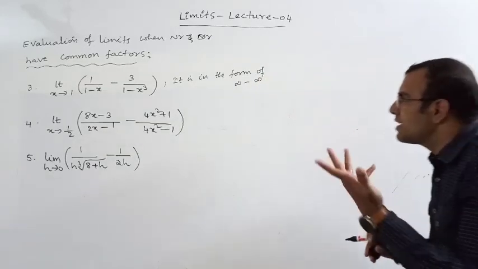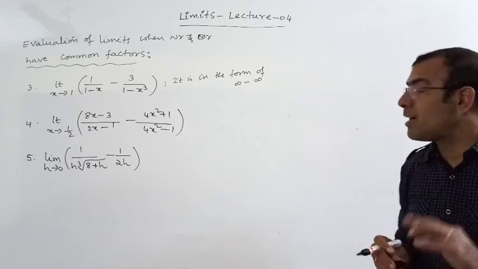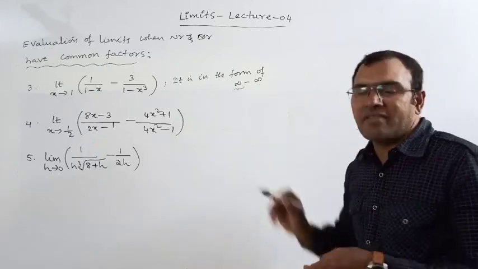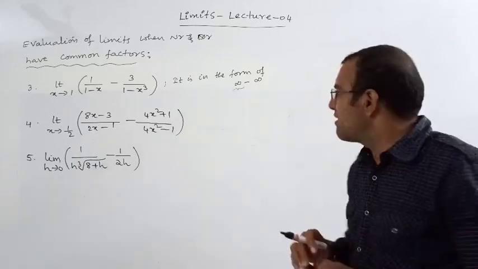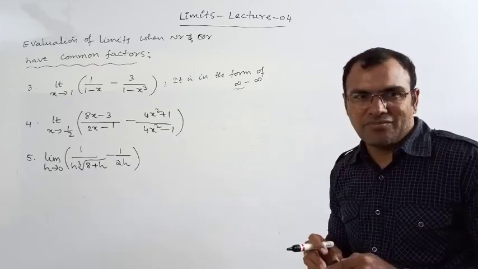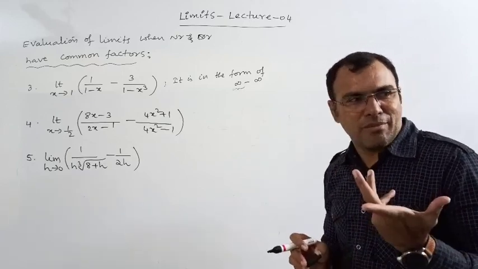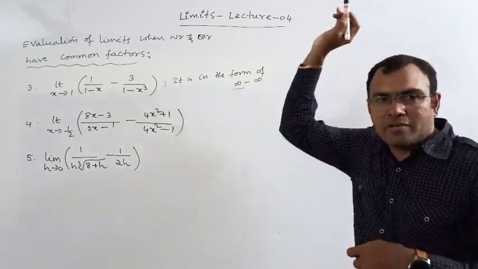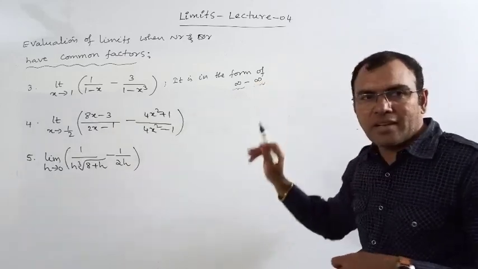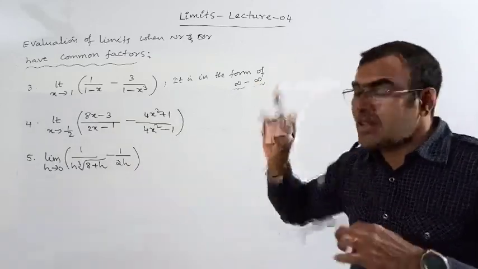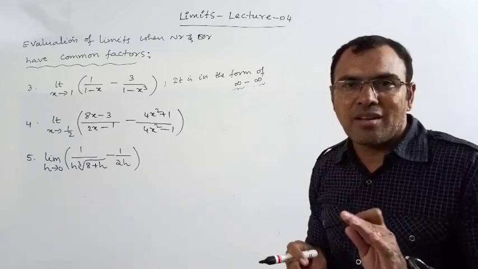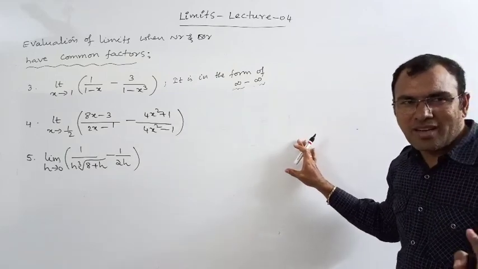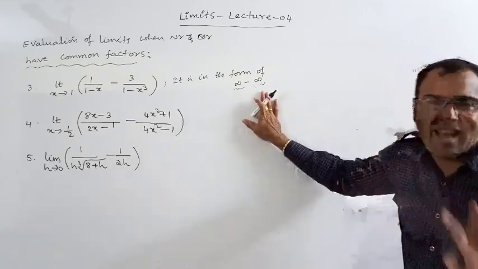You may think that infinity minus infinity is 0, but it's absolutely wrong, because this infinity has no definite value. Everyone will take their own number. Somebody will take that infinity as 10 power 100, somebody may take it as 100 power 100. So infinity is not a definite number. So you do not think that infinity minus infinity is 0. We don't know what will be its value.